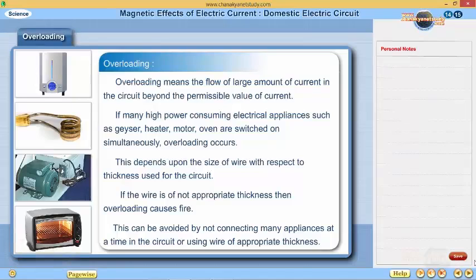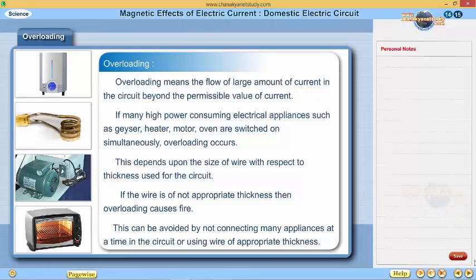Overloading. Overloading means the flow of a large amount of current in the circuit beyond the permissible value of current. If many high power consuming electrical appliances such as geyser, heater, motor, oven are switched on simultaneously, overloading occurs.